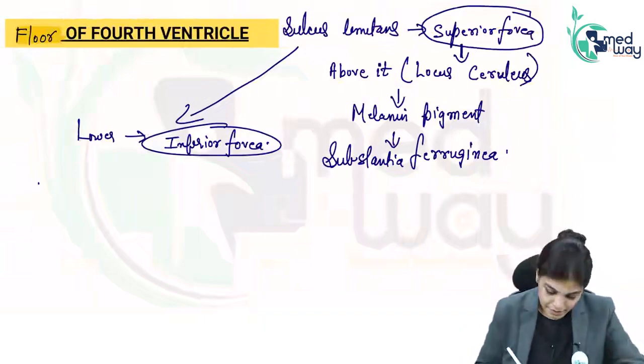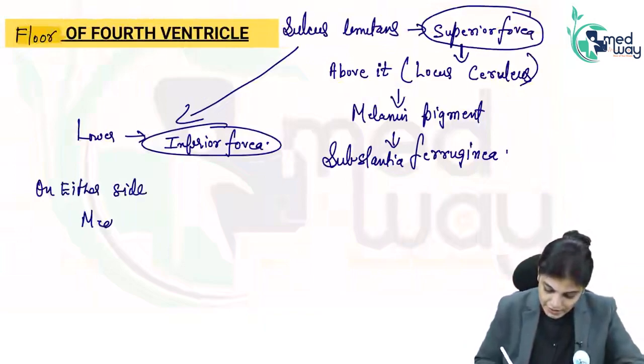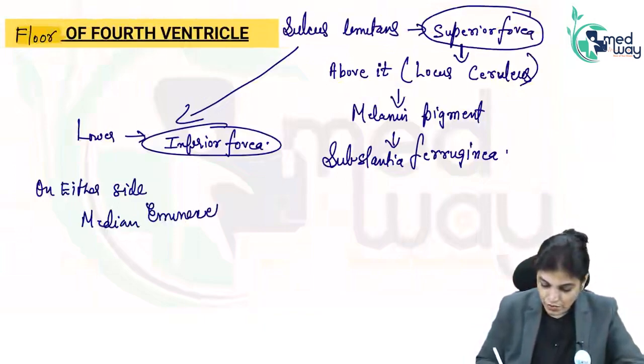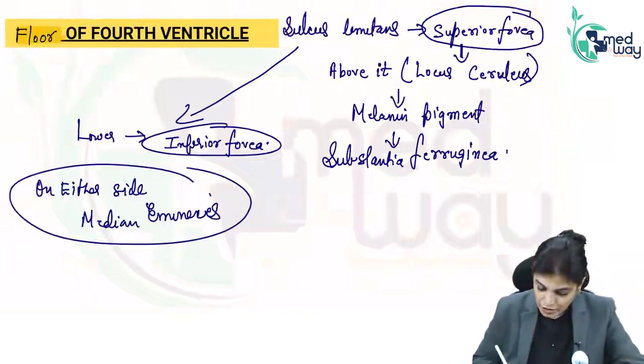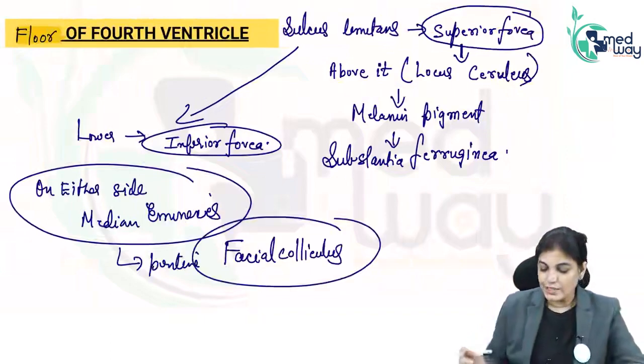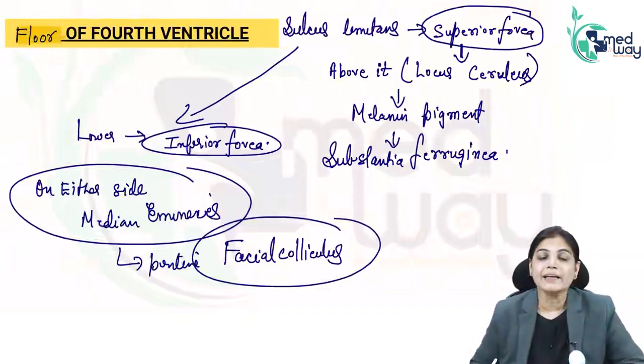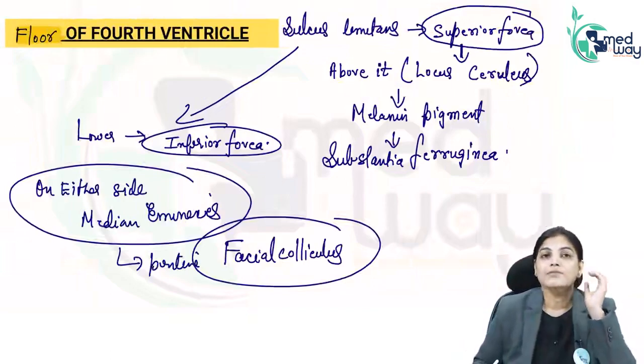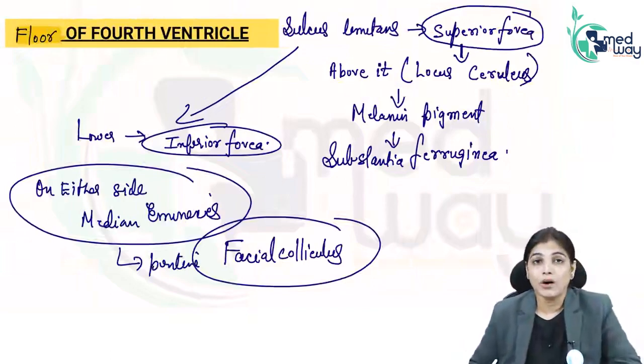On either side, in the median eminences only, but in the pontine part, in the pons, there is the facial colliculus. Please note down, the facial colliculus resides in the pons part, forming the upper part of the floor of the fourth ventricle.